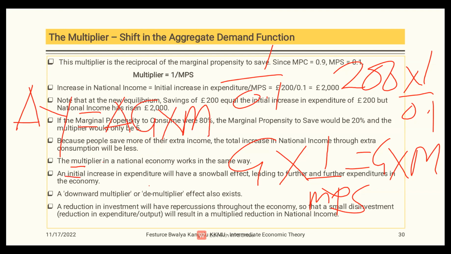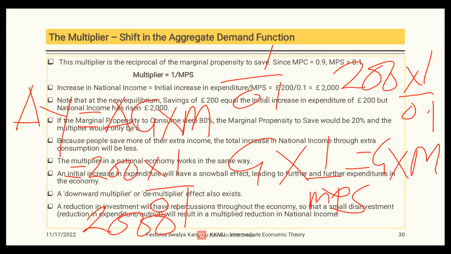So the change in government expenditure, 200, times our multiplier, 1 over 0.10. When you multiply that, you get 2,000. Did you get that? That is the increase in income.